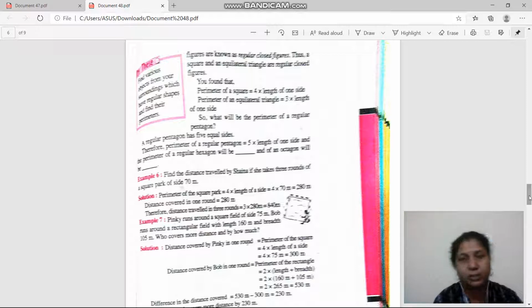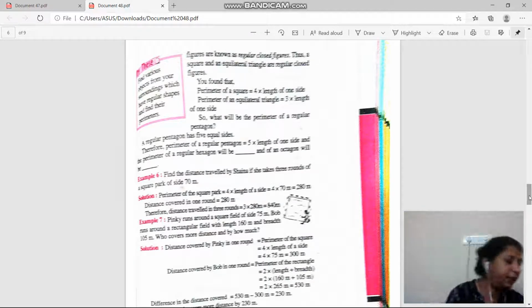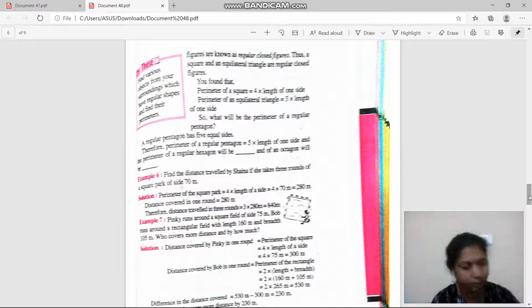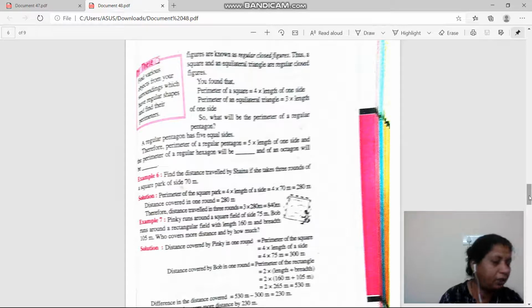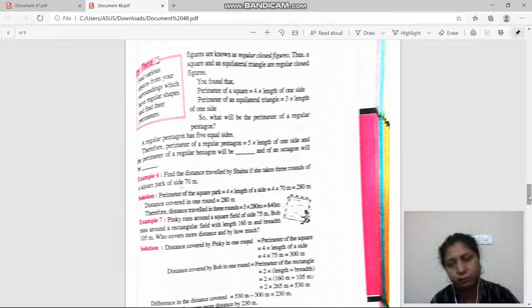Because a pentagon has 5 sides, the perimeter of a regular pentagon is equal to 5 into the length of one side. If we take a hexagon, same here, 6 into the length of a side. If we take an octagon, octa means 8, so it is 8 into the length of one side.